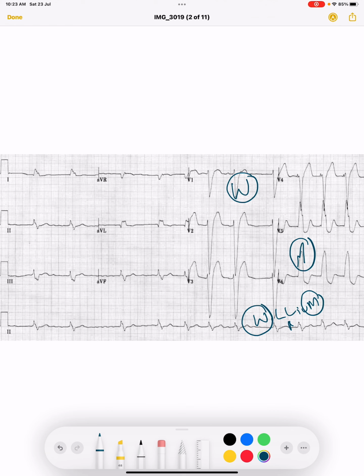There is a problem in the conduction, and you can see there is loss of Q wave. There are no Q waves in the lateral leads, so that shows a conduction problem. So this is a left bundle branch block.